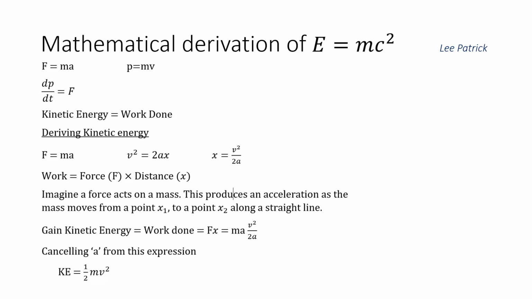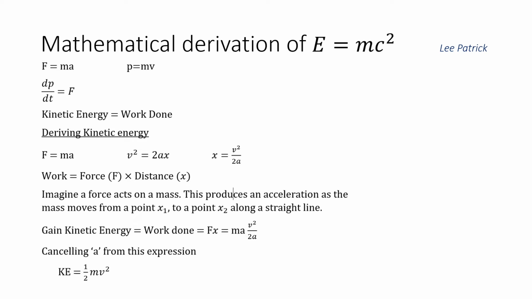For our purposes, kinetic energy is equal to the work done. To derive kinetic energy, we know that F equals ma. From our equations of motion, we know that velocity squared equals 2 times acceleration times the distance moved, which is v squared equals 2ax, and this can be rearranged as x equals v squared over 2a.